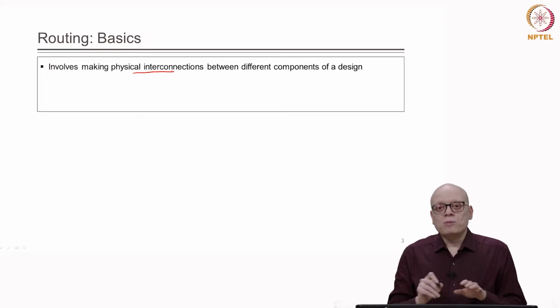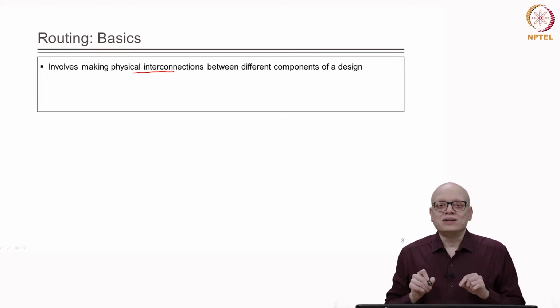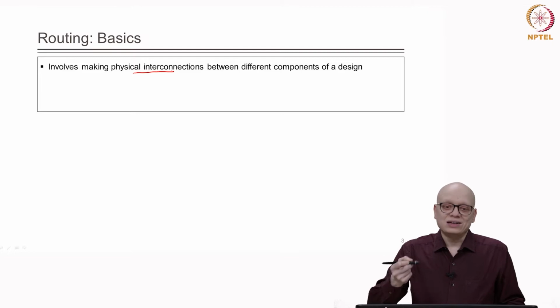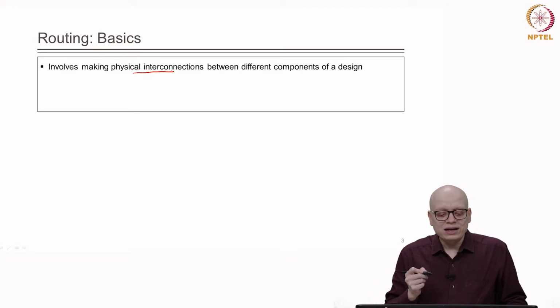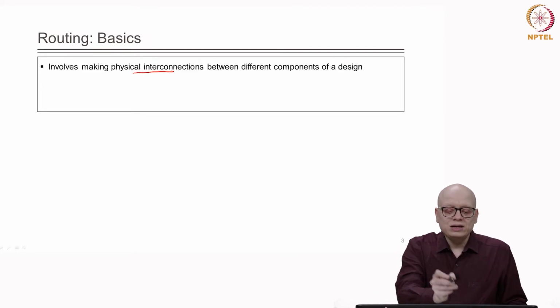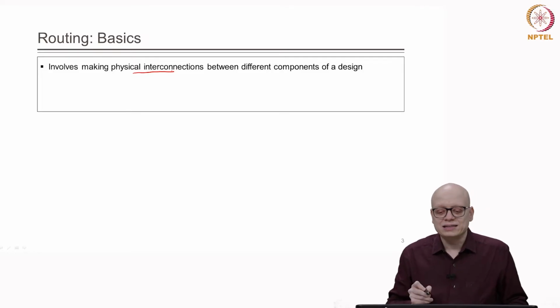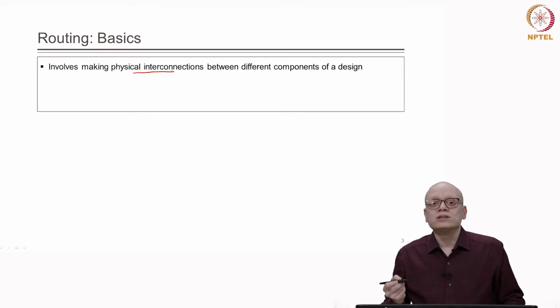So, all the entities in our design are placed at appropriate places on the layout. Once their placement is defined, we do the routing, and during routing we create physical interconnections between different components of a design.